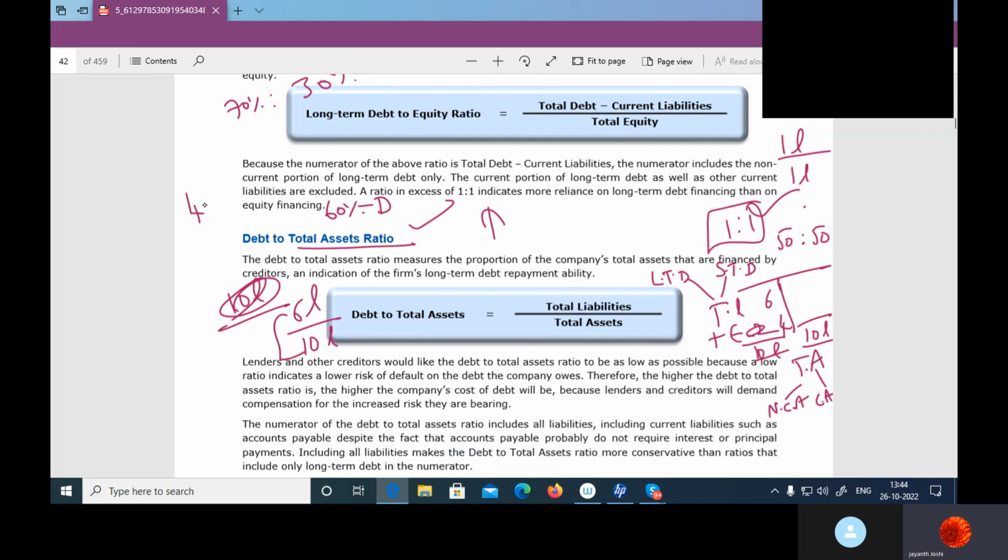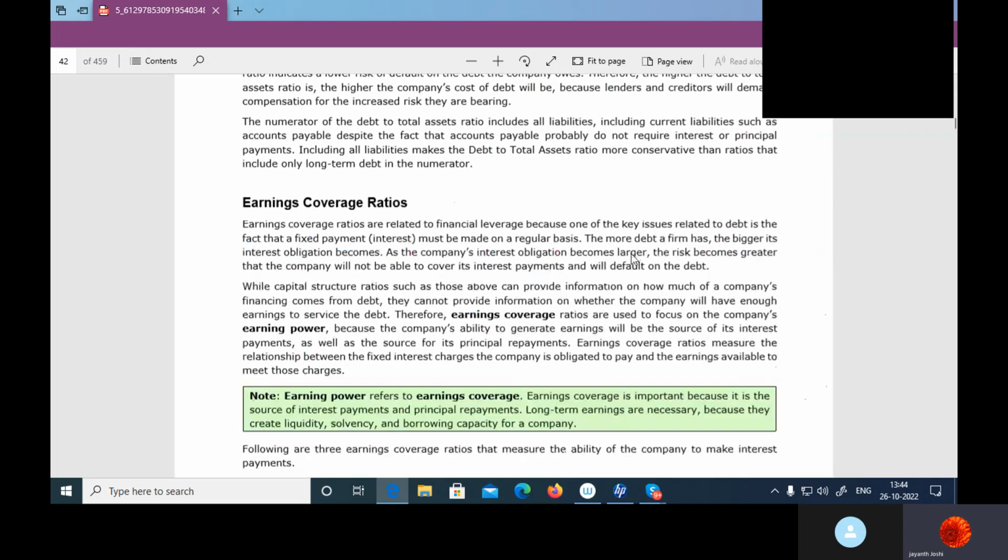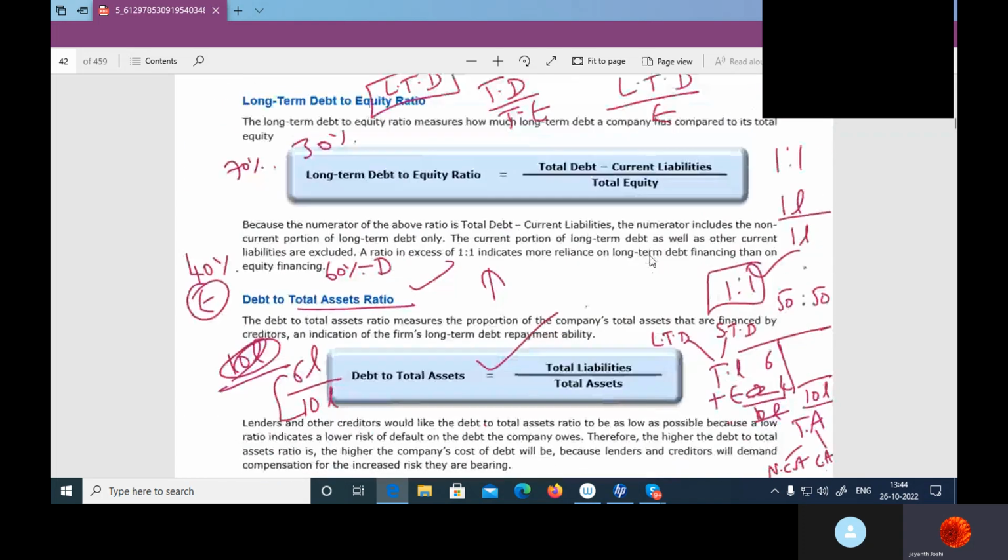That means 40% of your assets are funded by equity. Understood? Now please look into these ratios. Total assets will always be more than total liabilities, right?